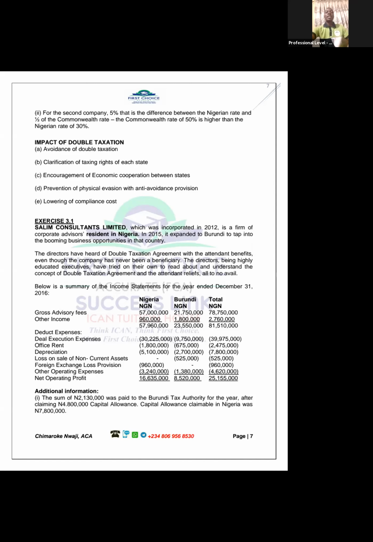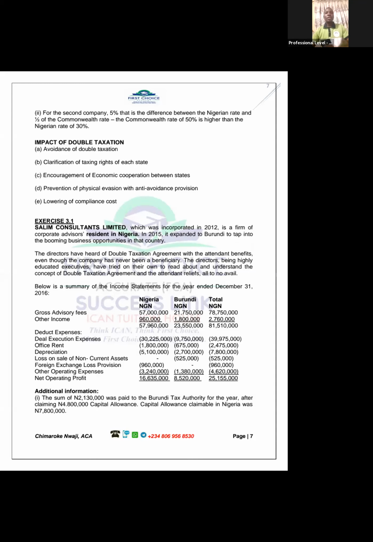Then we are given additional information. We were told that the sum of 2,130,000 was paid to the Burundi Tax Authority for the year. So we were not shown how Burundi did their assessable profit and all that. We were not told how they calculate their capital allowance and now resulted to tax.